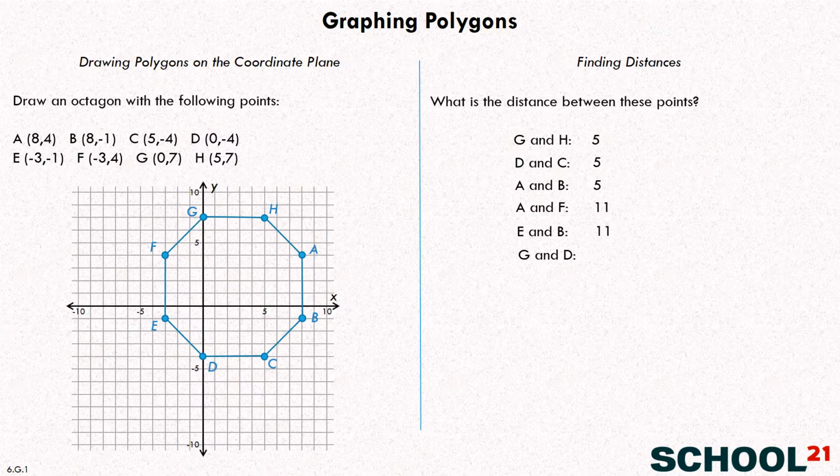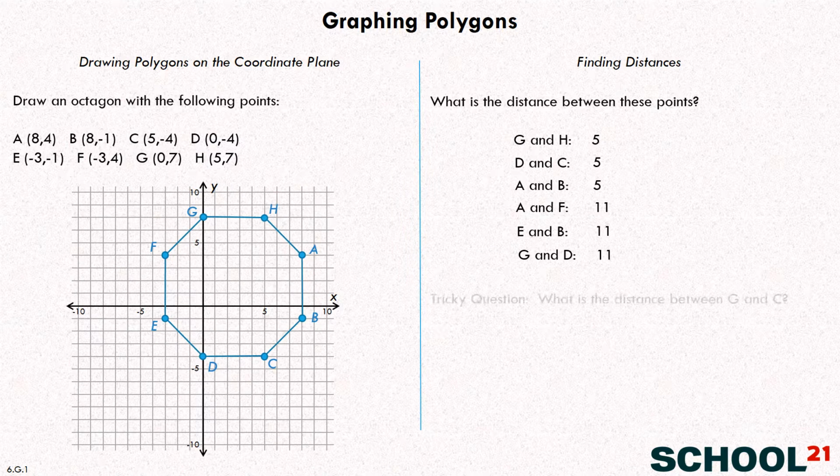Where is G at? And you can also look at the point right up here. G's at 7. And how about D? D is at -4. Okay, so then can you make the calculation? 11. And how did you get 11? 7 plus 4. Okay, so same thing, there's some symmetry. So we'll go ahead and write this in over here.